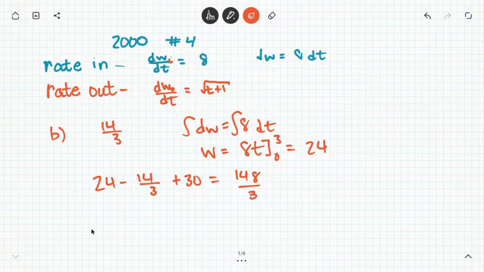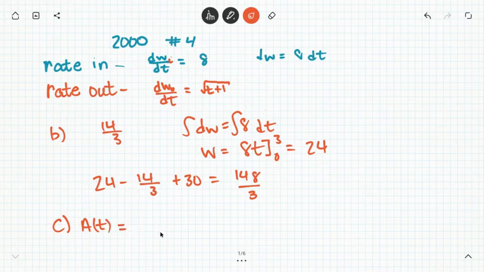For part C, I just ask you to write this as an equation. We've kind of already done that. So in part C, we're doing the amount. So you can call it the amount.